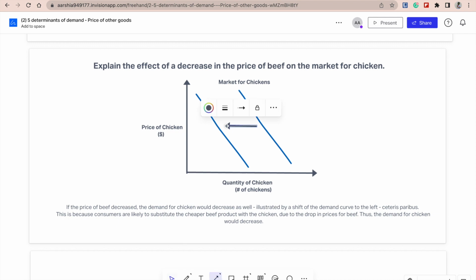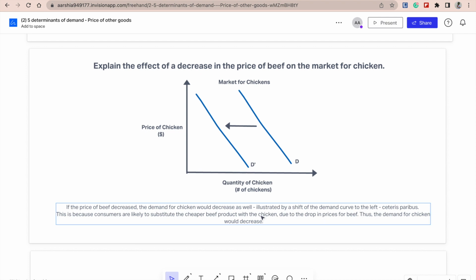Drawing an arrow ensures that your examiner and you know that you've drawn a shift of the demand curve to the left or to the right. And we must label our demand curves. So this was the original demand curve, so we label it D. And the second demand curve, we would label D apostrophe.